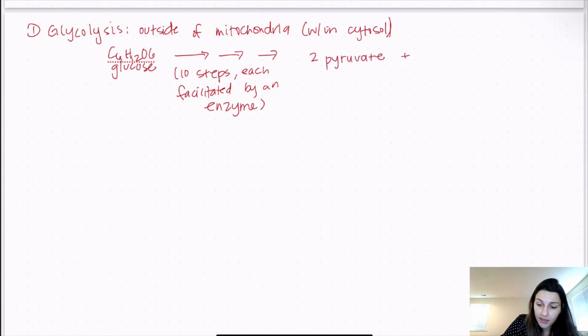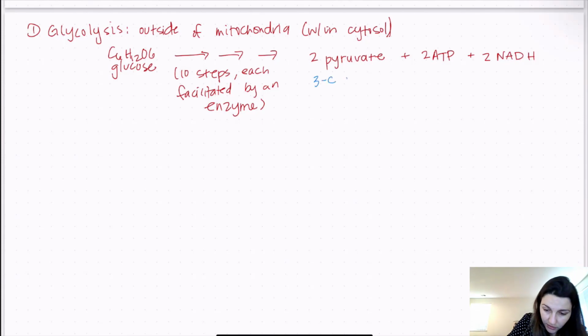Then we also get 2 ATPs, and then we also get this guy, we get 2 NADH. NADH is a new one that we haven't heard of, and so is pyruvate. So let's break that down. Pyruvate, I'm going to label in blue. Pyruvate is a 3-carbon sugar.